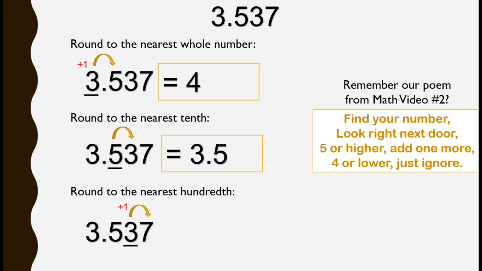Okay, 4 or lower, just ignore. Okay, so that 7 tells us to add 1 more to that 3. So we're going to change it to a 4, and then everything else to the right becomes a 0. Okay, and again, since that 0 at the end is not holding a place, we could just ignore it. And our answer would be 3 and 54 hundredths.